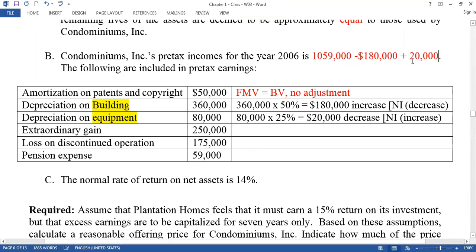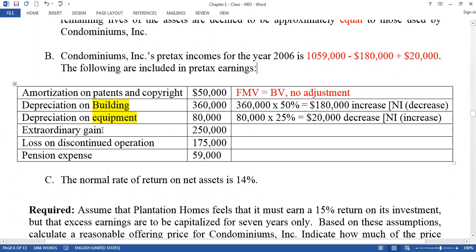Up to here, we find that this is the current year pre-tax income, but in future year, our income is going to decrease by $180,000. But in future year, our net income is going to increase by $20,000, right? Based on these two pieces of information.